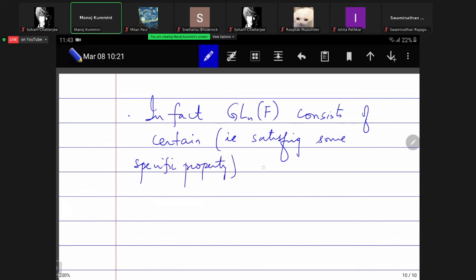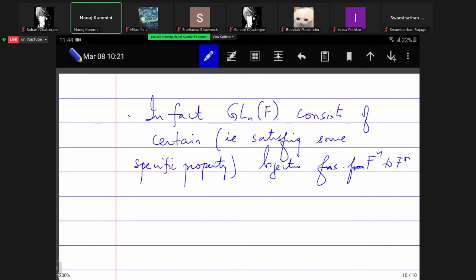Certain bijective functions from Fn to Fn. So GLnF consists of, if you think of it as functions from Fn to Fn, precisely the bijective linear transformations.